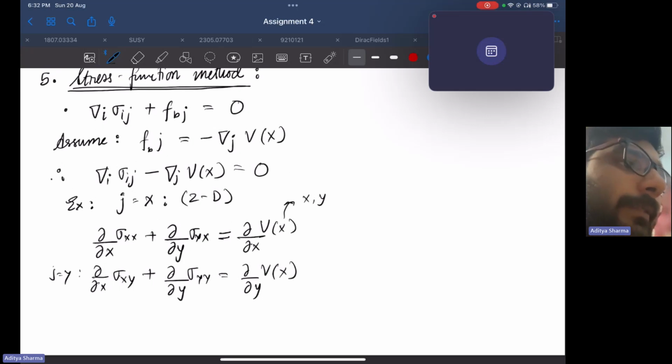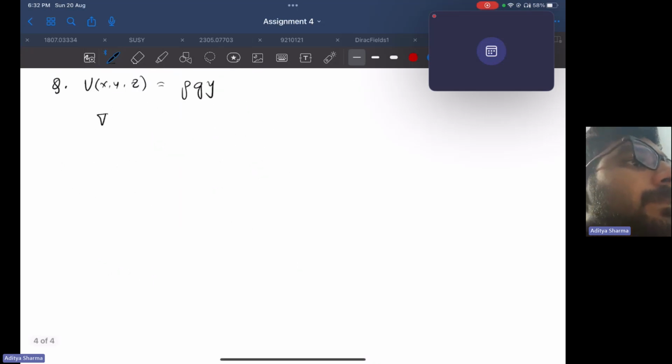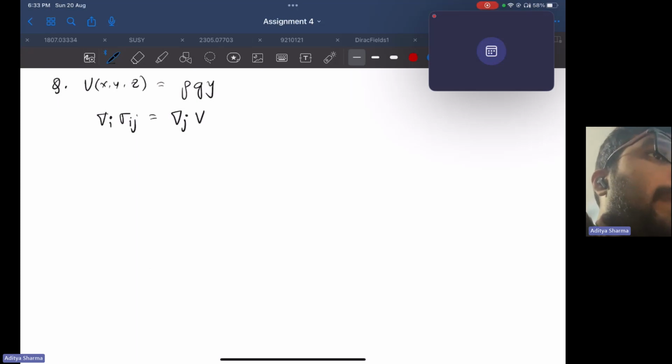Then we are going to have del i sigma ij is equal to del j V. Now V only has y, so we'll have del i sigma ix, del i sigma iy, del i sigma iz.